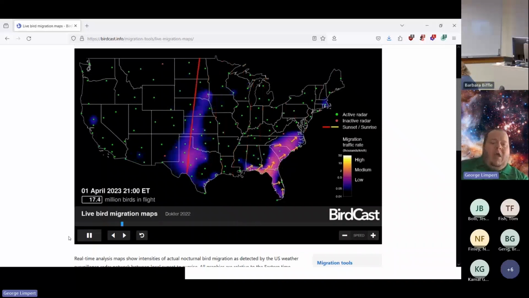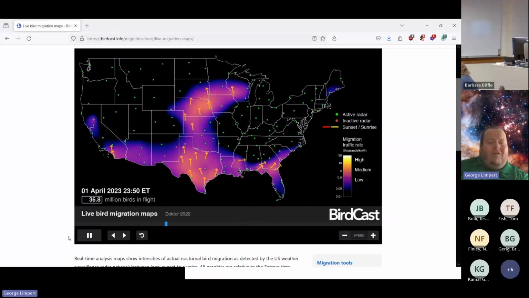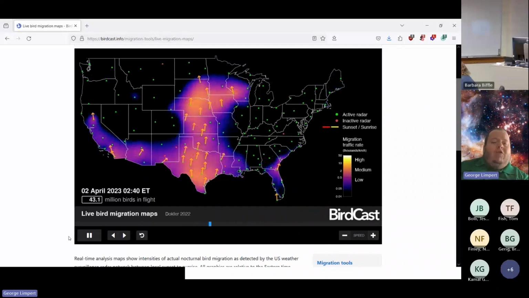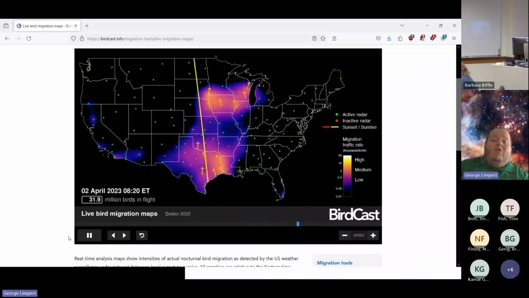This is beginning basically at noon Eastern, or I think 6 p.m. Eastern. You'll see it go in and later on into the night, and you'll see these birds flying along, and you'll see where, particularly in the Central Plains, it just really lights up.